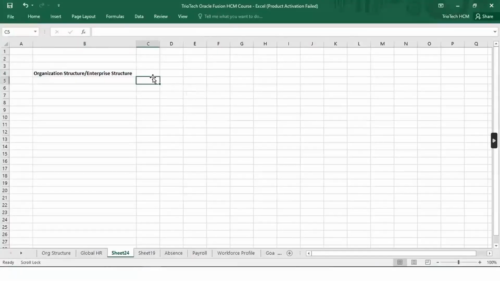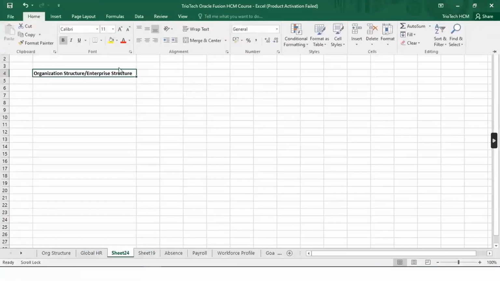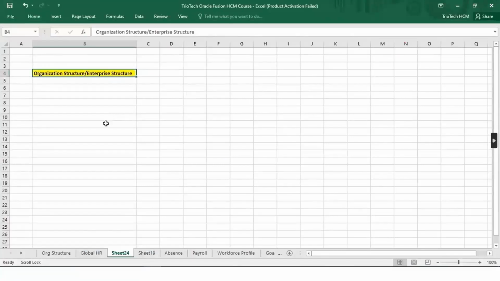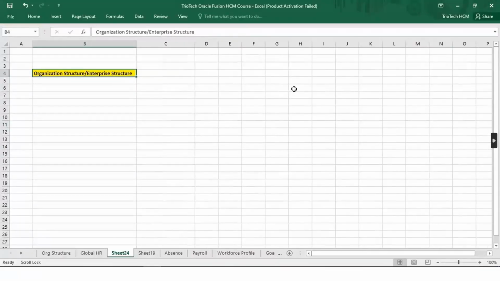Okay. So we have something called organization structure or the enterprise structure in the Fusion application, team. So we have to talk about this concept. What is the org structure or the enterprise structure we have in the Fusion application? Let me list out what are the organizations that we have in the system.